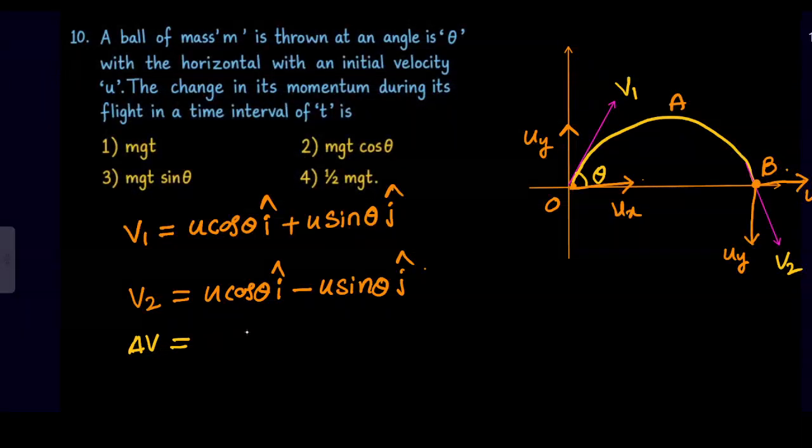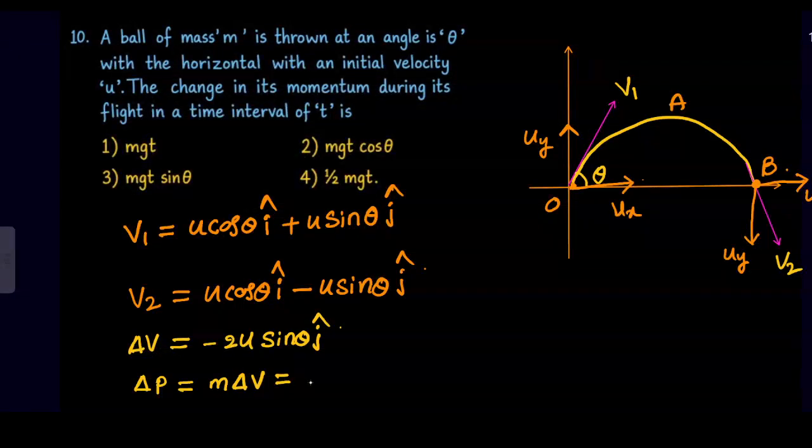Delta V comes to minus 2u sin theta into j cap. We need the delta P, the change in momentum, which is equal to m into delta V, which will be minus 2m u sin theta into j cap.